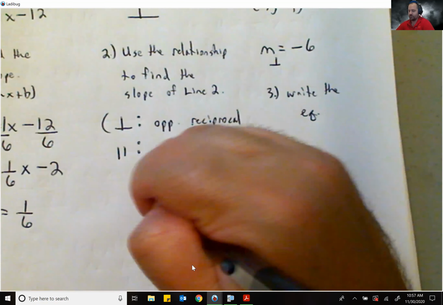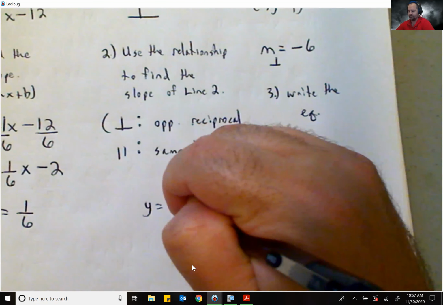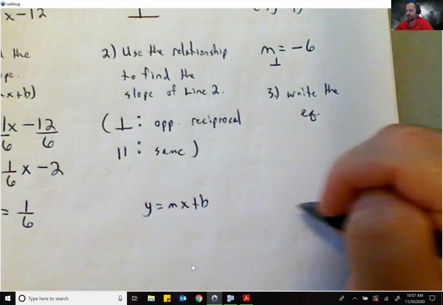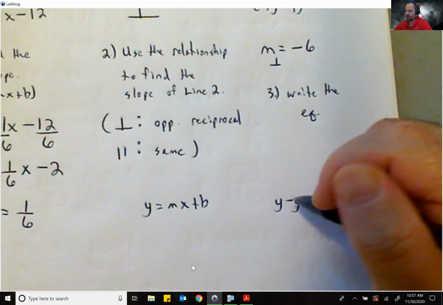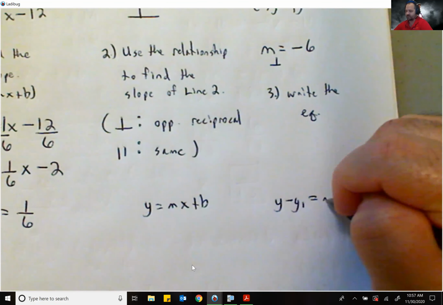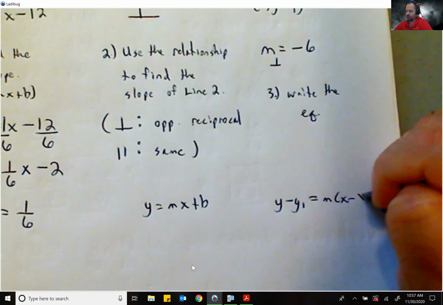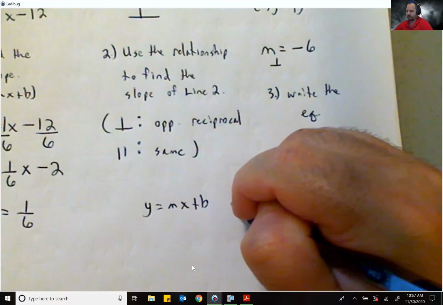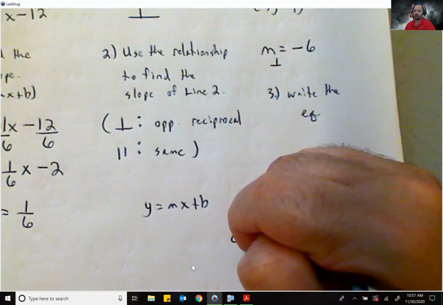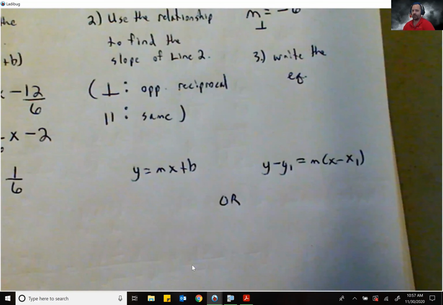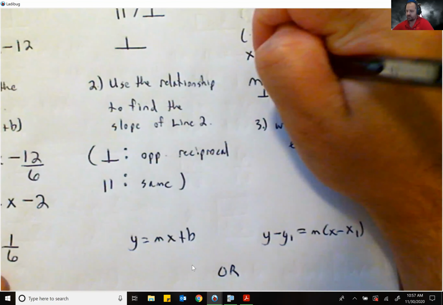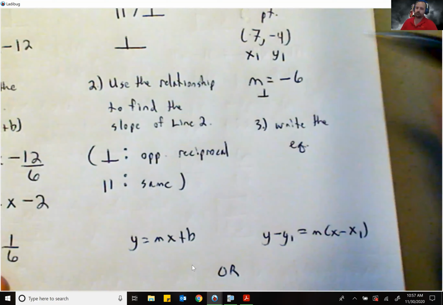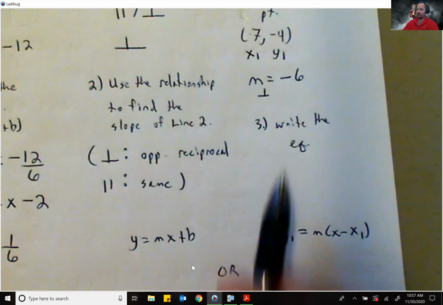We can plug into y equals mx plus b, or you can use point slope, y minus y1 equals m parenthesis x minus x1. So all we got to do is plug in. And again, this is your x1, this is your y1. There's your m, there's your point.